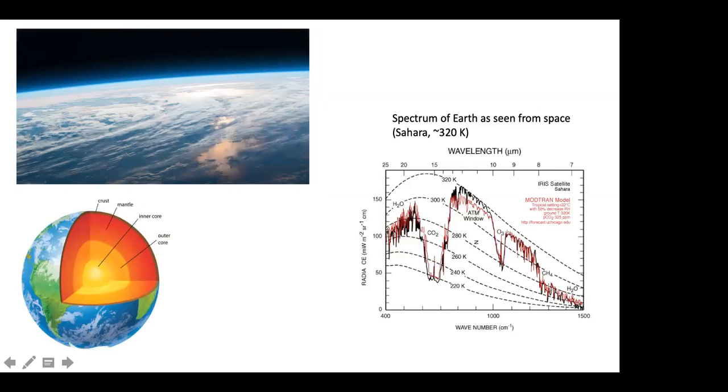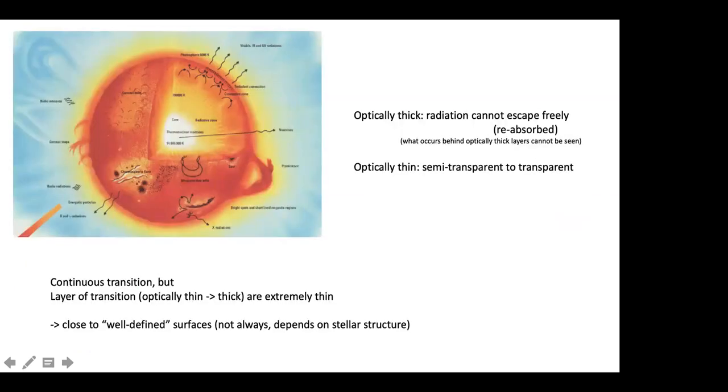In the star, you have the optically thick region that acts as the rocky part of the planet, and an optically thin region, a layer outside, that has a lower density, so it is transparent or semi-transparent to radiation, and the radiation can escape from that, but not completely freely, because in that atmosphere the matter can still interact with light.